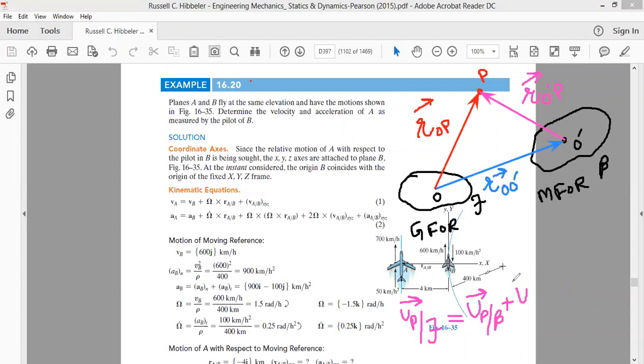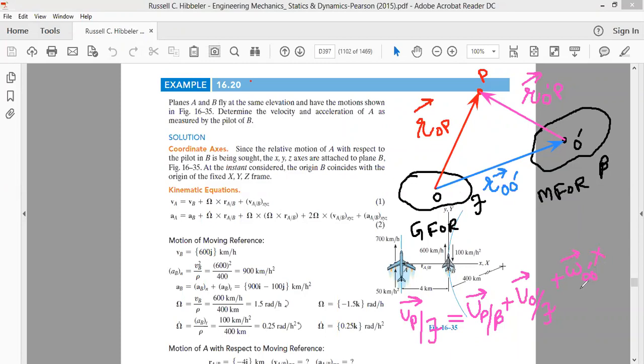We can also write the velocity of O dash, the origin of the moving frame of reference, with respect to the ground frame of reference, plus the angular velocity of the vector drawn from O to O dash, that is omega, the angular velocity of the vector drawn from O to O dash, and its cross product with the vector.